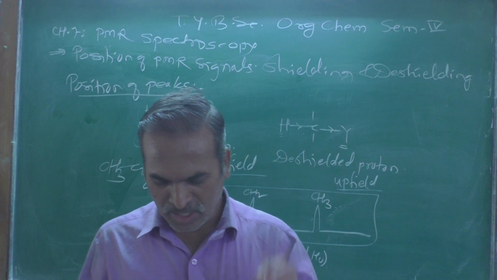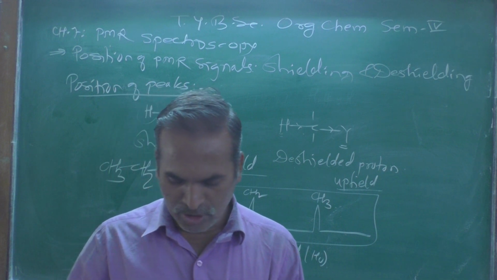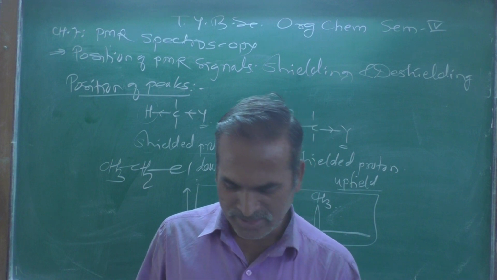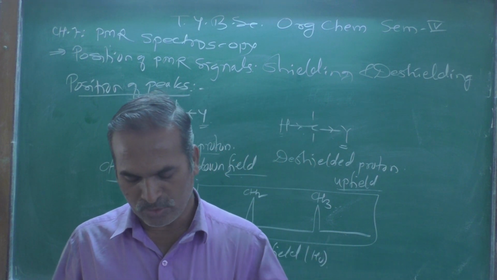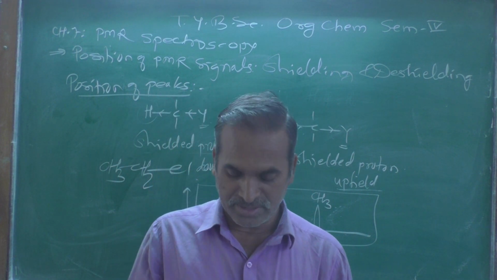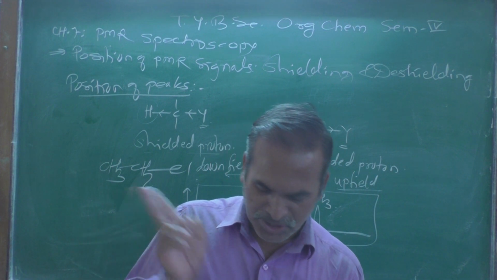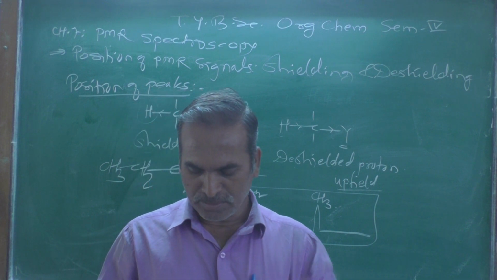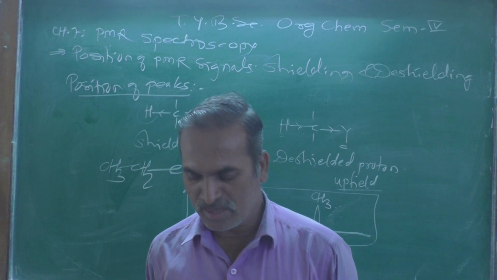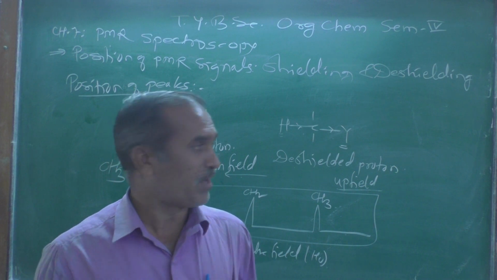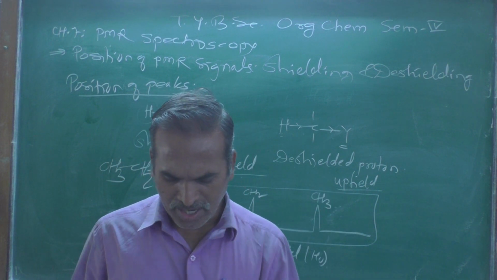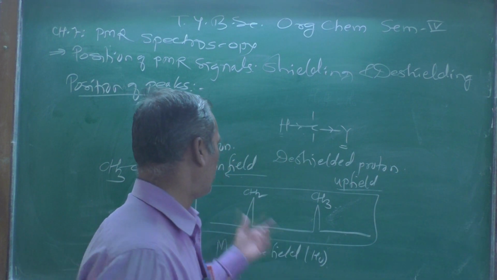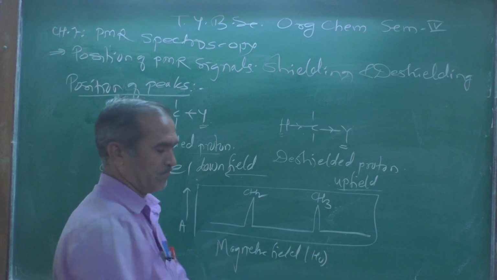The methylene protons will absorb at a lower magnetic field due to the electron withdrawing inductive effect of chlorine. That is, they are de-shielded as compared to methyl protons. The peak due to methyl protons will be upfield, and that due to CH2 protons will be downfield. This is the downfield and this is upfield.